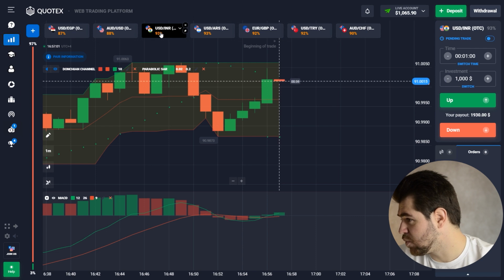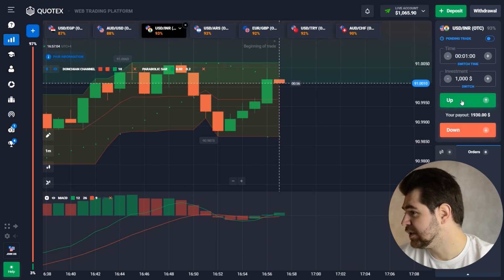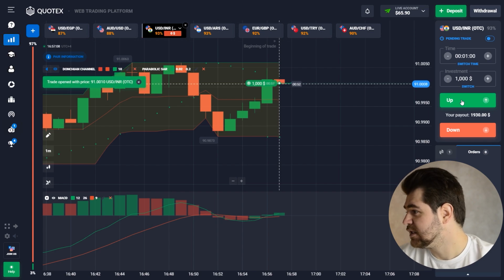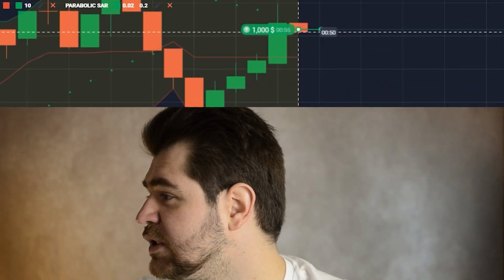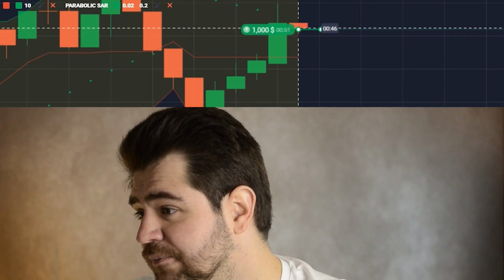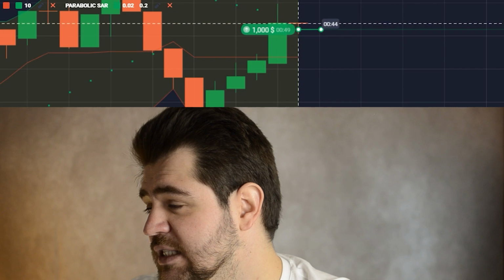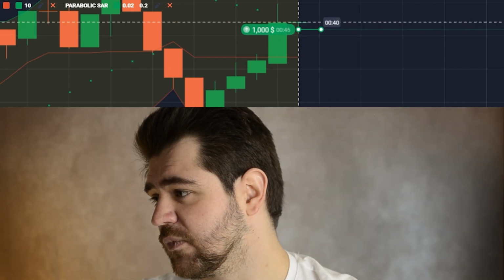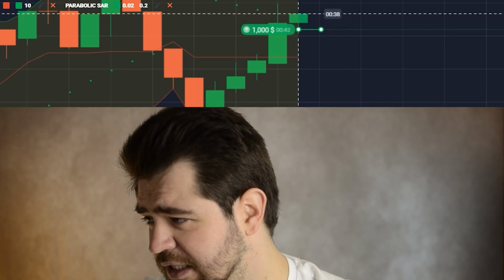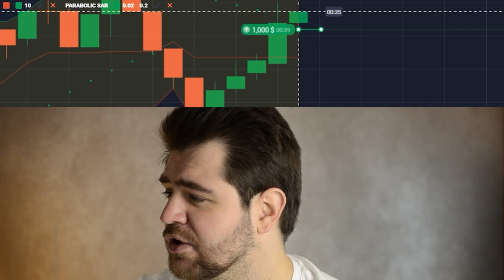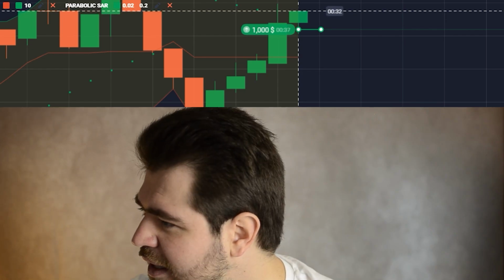Let's go towards the next option, 1K, 1 minute, all in, one upper option. So we have a few things here. Basically, we see the impulse from the bulls, maybe a growing trend there.